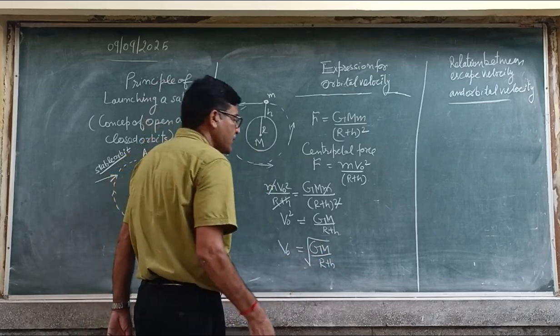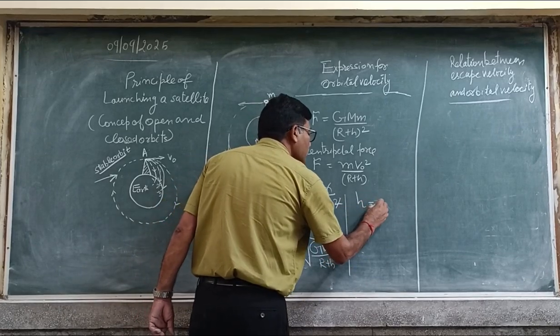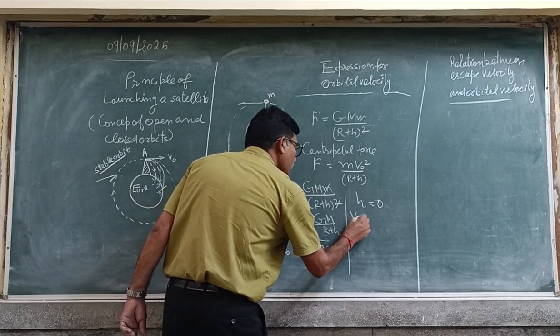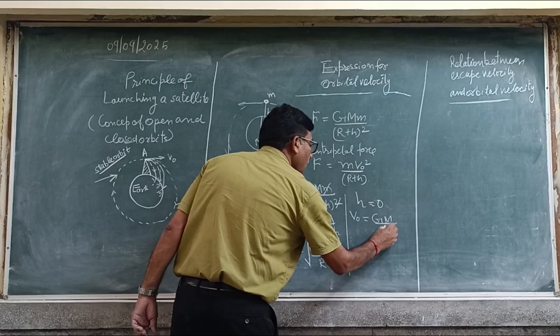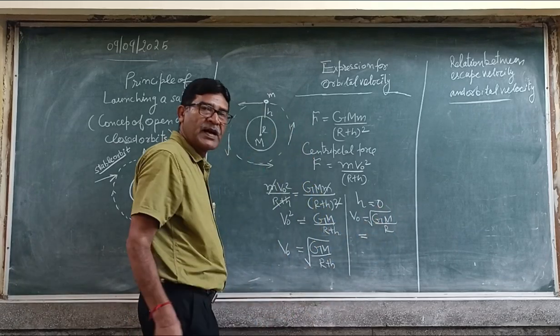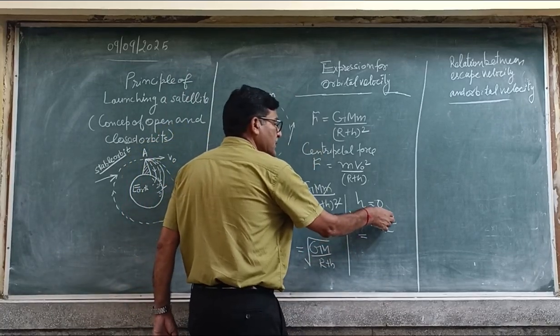Now if the satellite is very close to Earth, then H is approximately equal to 0, and therefore v naught is equal to root of G M upon R. But you know the relation between small g and capital G, that is G M can be written as g R square, where G is the gravitational constant and M is the mass of Earth.